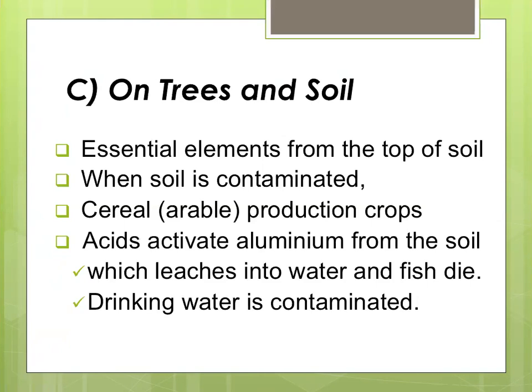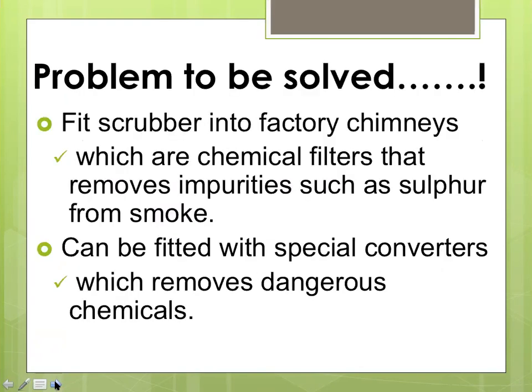So, as a result of which, many of these essential elements are leached down by the acids which are present and which come to the ground in the form of acid rain. So these scrubbers, as I have already told, the factories should install the scrubbers.